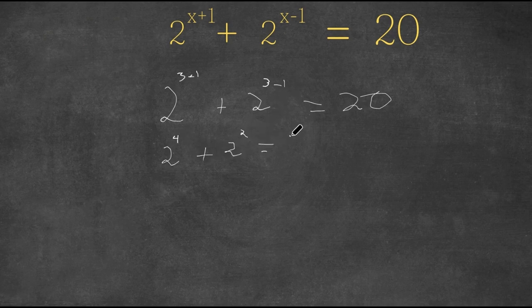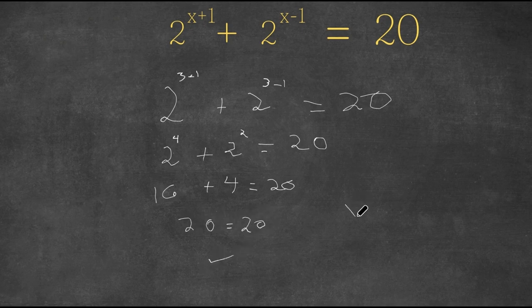And this equals 20. 2 to the power of 4 is 16 plus 2 squared is 4. So we have 16 plus 4 equals 20. And 16 plus 4 is 20. So 20 does indeed equal 20. And because this is right, we know that x equals 3.